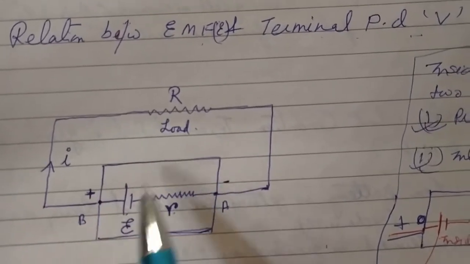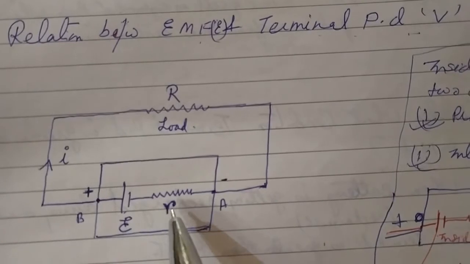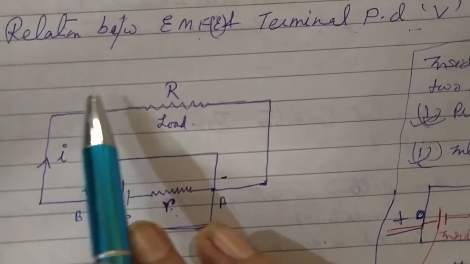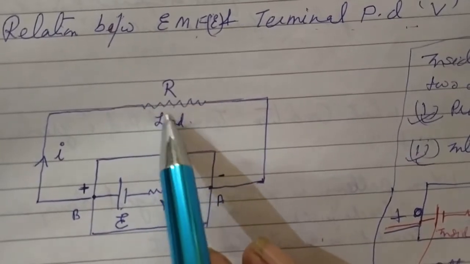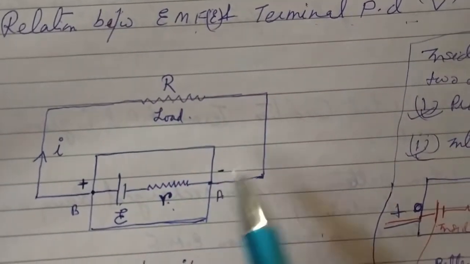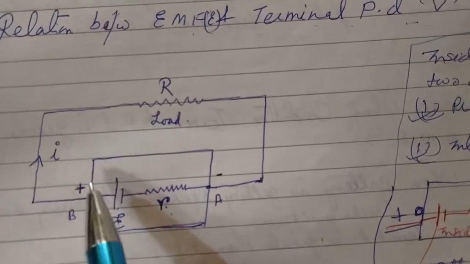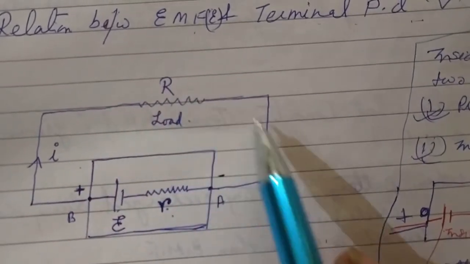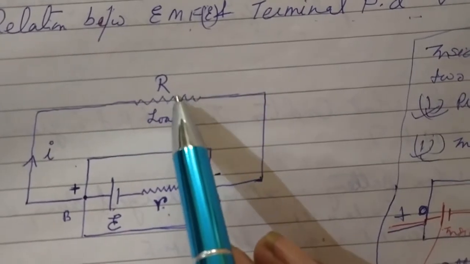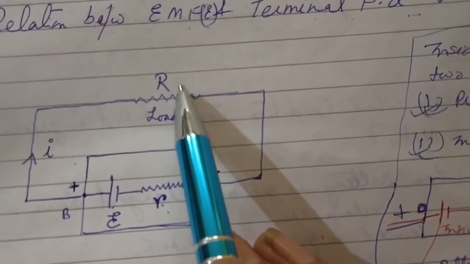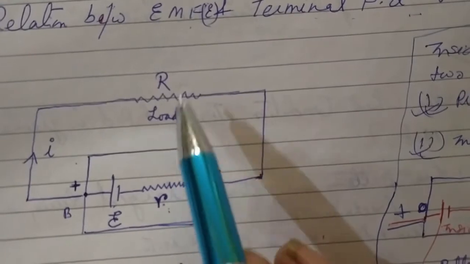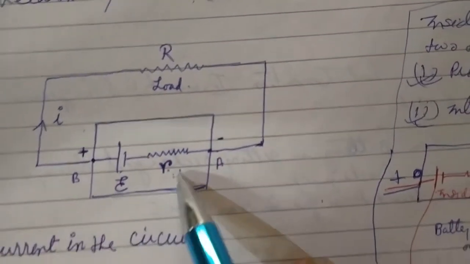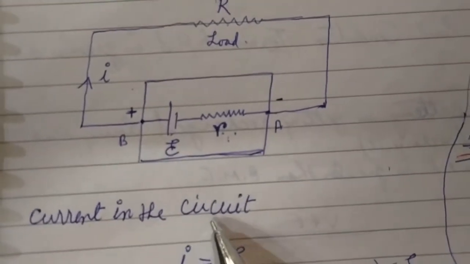And this cell is connected with a resistance, outer resistance, that is load, and current I is given by the cell. Now what is the total resistance of this circuit? This is the external resistance, and this is the internal resistance of the cell. The total resistance will be capital R plus small r.